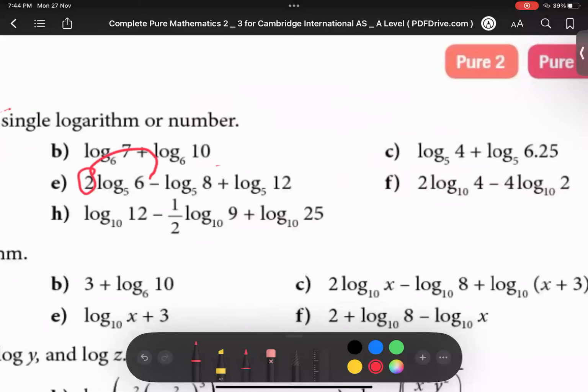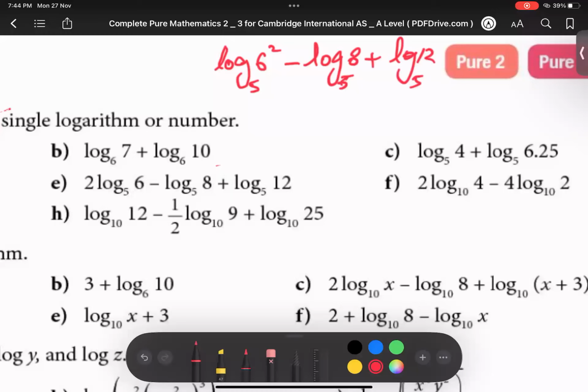It will turn into this format: log base 5 of 6 to the power 2, minus log of 8 base 5, plus log of 12 base 5. I can write 36, but what is the sign here? Positive. Here? Positive. Here? Negative. I discussed whenever positive and negative signs come. For positive signs, the values multiply. Look, 6 to the power 2 is 36. So 36 into 12.